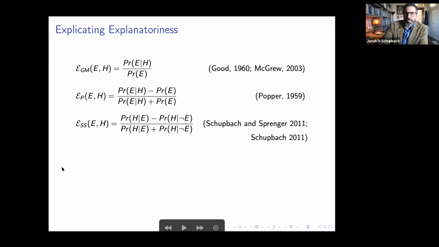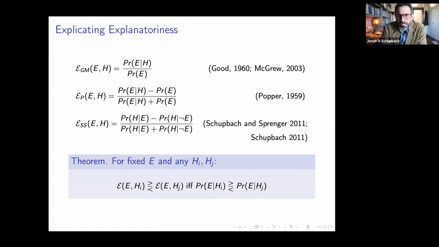Okay. All of these, we don't have to choose between these. All of these have the following theorem in common. So for fixed E, and any two distinct potentially explanatory hypotheses, HI and HJ, inequalities in the degree of explanatoriness according to any of these three measures basically just reduce to inequalities in likelihoods.